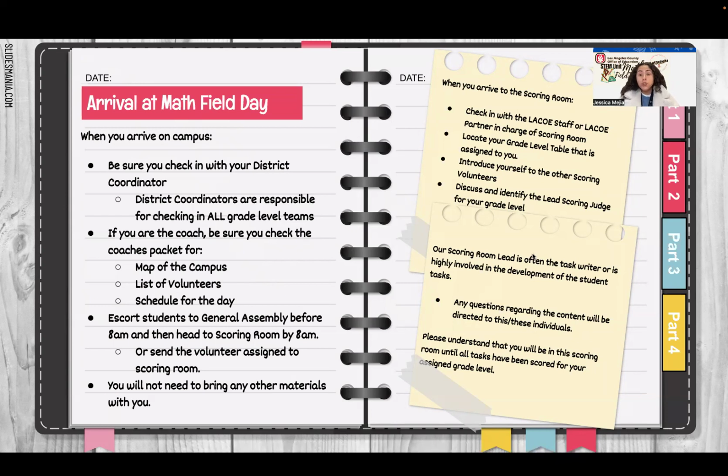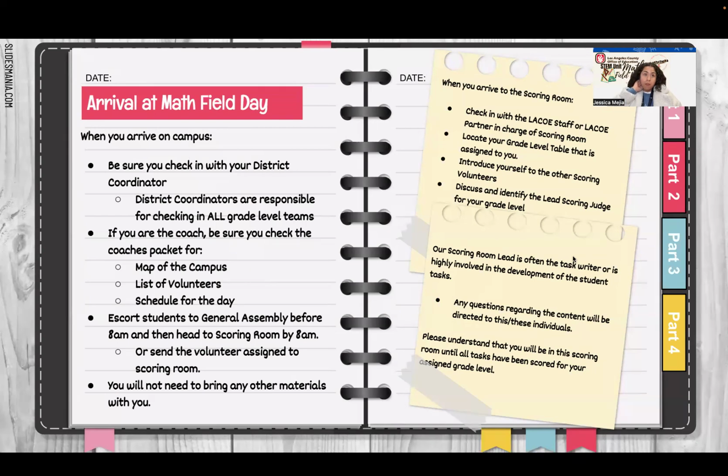You want to introduce yourself to everybody at the scoring table. Those are all going to be your peers or colleagues in scoring the task. And then you want to make sure that you discuss and identify one lead scoring judge for your specific grade level. Does that make sense?